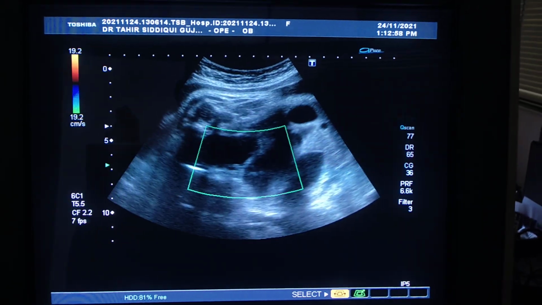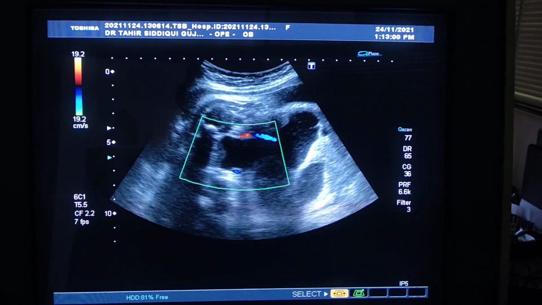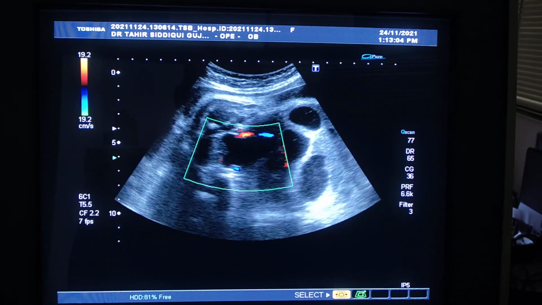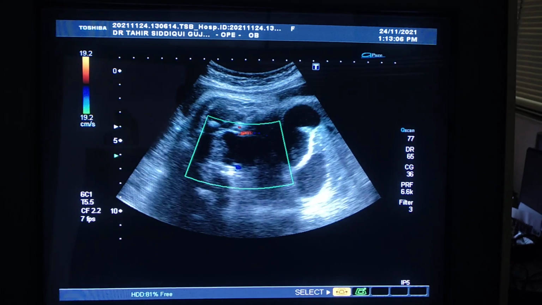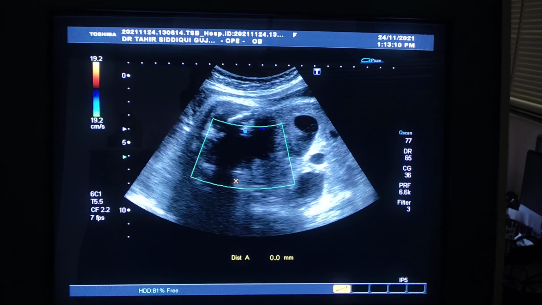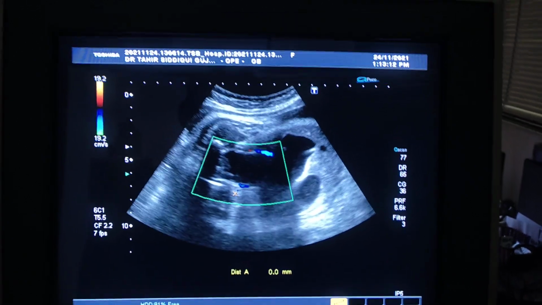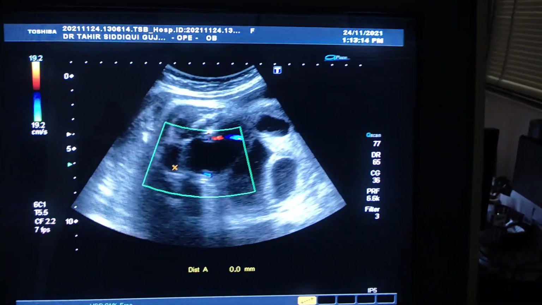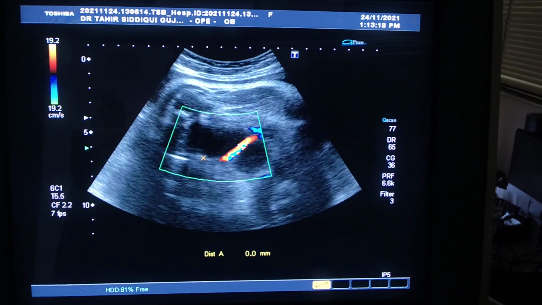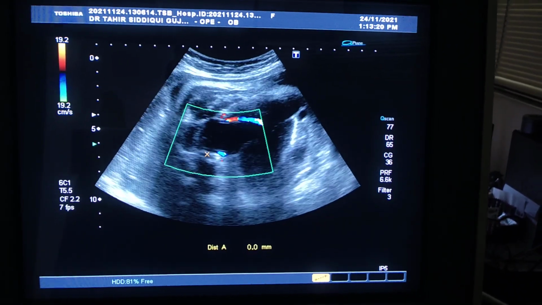And let's give it some blood, and you will see the umbilical arteries at both ends. These ones. This is the urinary bladder.